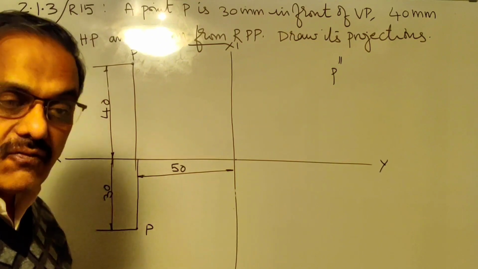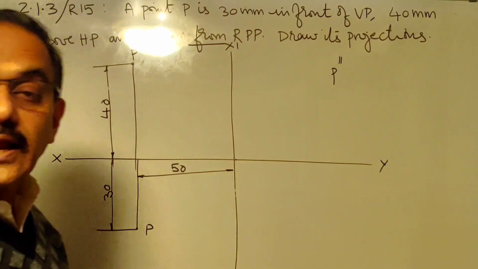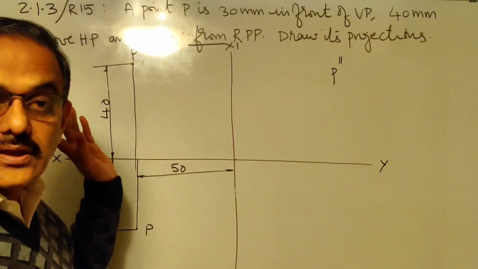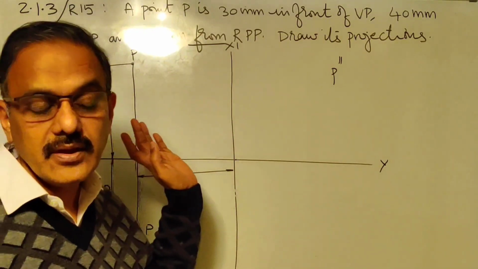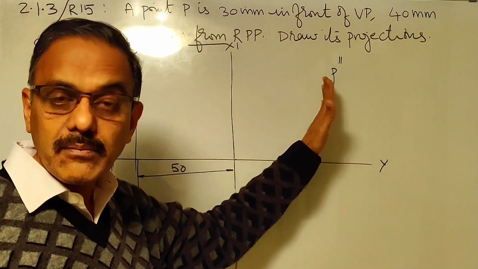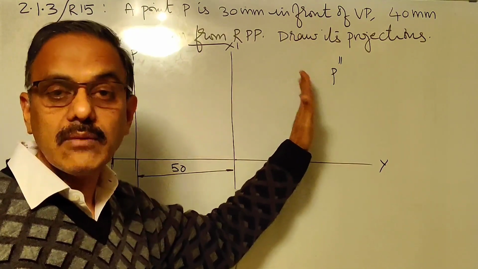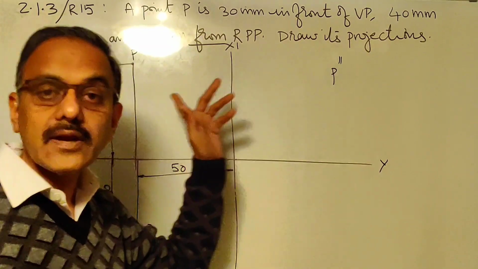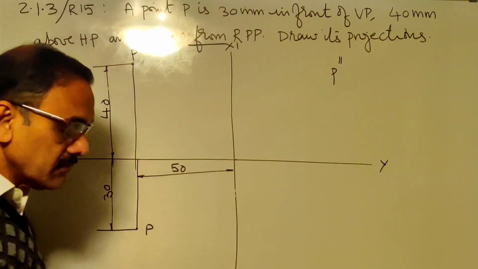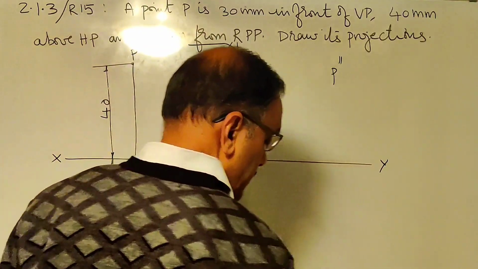If you are following third angle projection, the right view comes on the right of the front view and the left view comes on the left of the front view. So, whether it is a right profile plane or left profile plane, we represent it as P double dash only. There are no separate terms for left view and right view. It's the same term, P double dash, that's all.